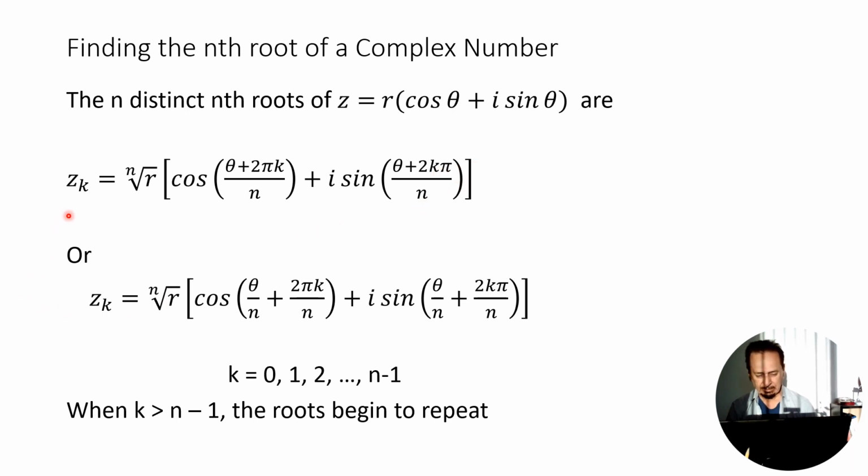Or you can say z_k = r^(1/n) [cos(θ/n + 2πk/n) + i sin(θ/n + 2kπ/n)], where k is 0, 1, 2 up to n − 1. When k is bigger than n − 1, then the roots begin to repeat.